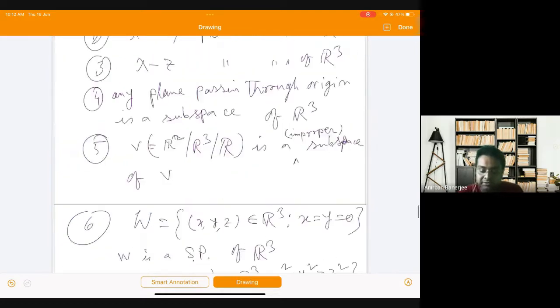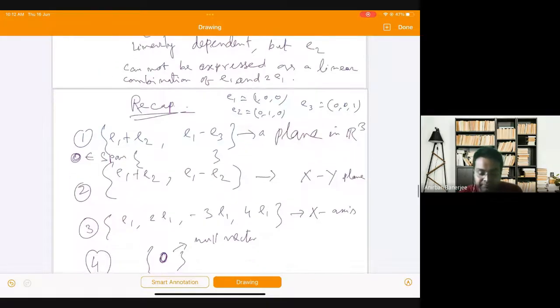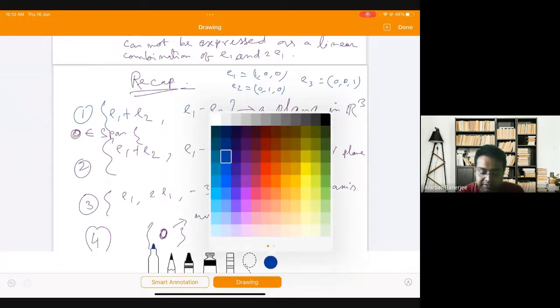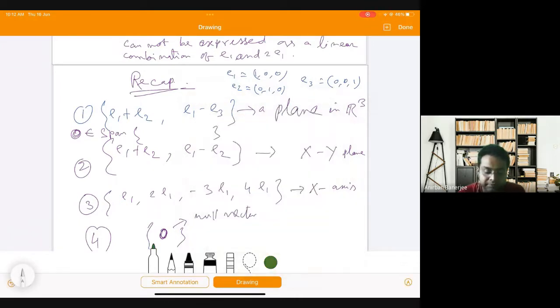And what we see here, when we recapitulate, in this case, example 1, now the span of this set, this will form a subspace.